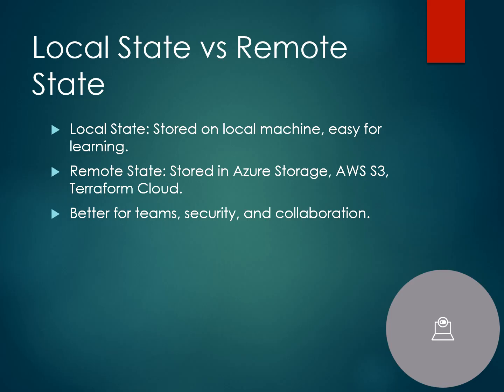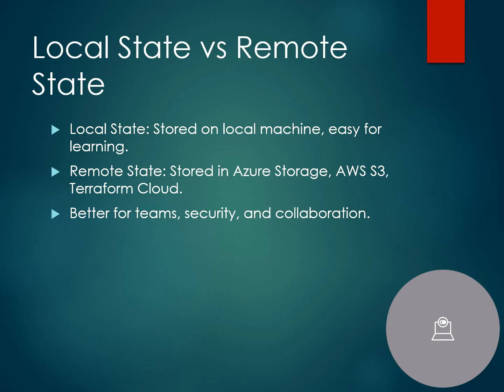Okay, now there are benefits. If you're storing it in the project directory, it is easy to set up and good for learning. Disadvantages: if you're storing it locally, it would not be secure, it would be a little difficult for teams, and there would be a risk of accidental deletion. Remote state is what we prefer in real-time projects.